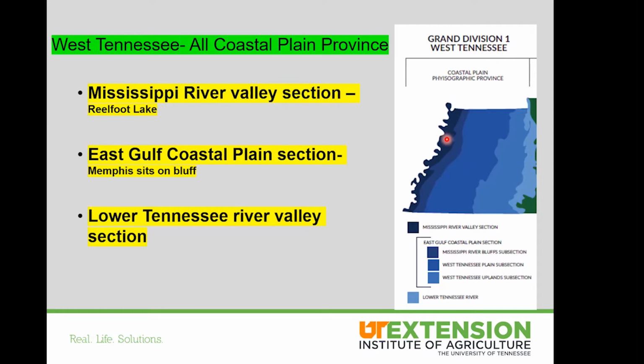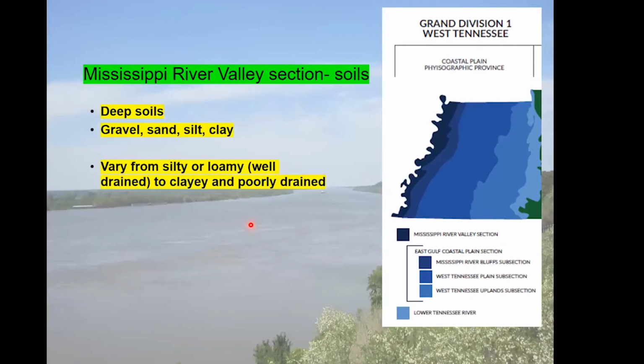I think I've got a picture coming up here. And then there's Memphis that sits up on a bluff. If it was not on a somewhat higher elevation, it would get flooded all the time, but it's protected a little bit from those floods that happen once in a while. Then there's the lower Tennessee River Valley section. We'll talk a little bit about all these.